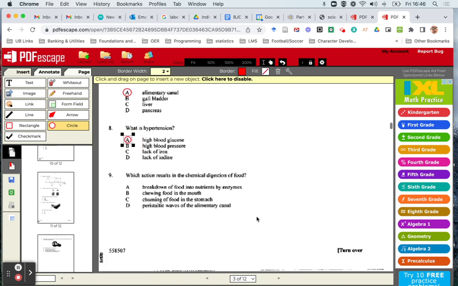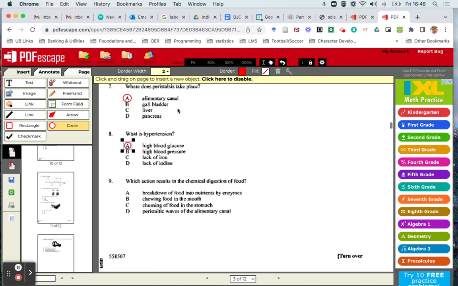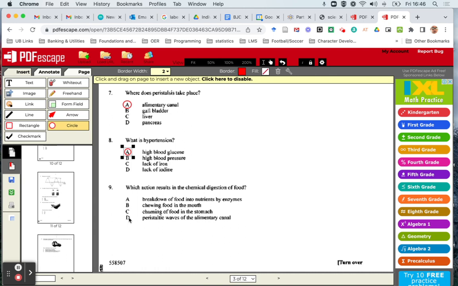Which action results in the chemical digestion of food? Breakdown of food into nutrients by enzymes, chewing of food in the mouth, churning of food in the stomach, peristaltic waves of the alimentary canal. Note that if you look at question 9, if you weren't able to answer question 7, you can see straight from choice D that peristalsis takes place in the alimentary canal.